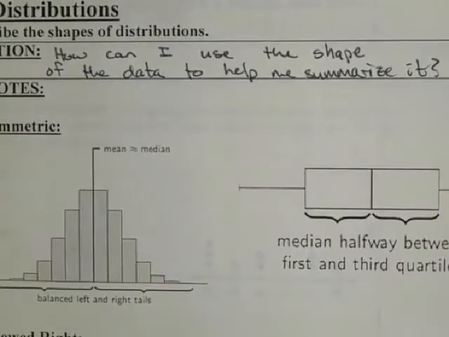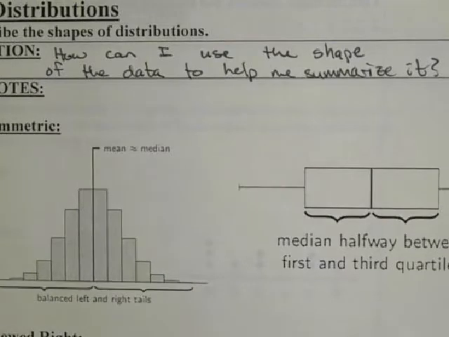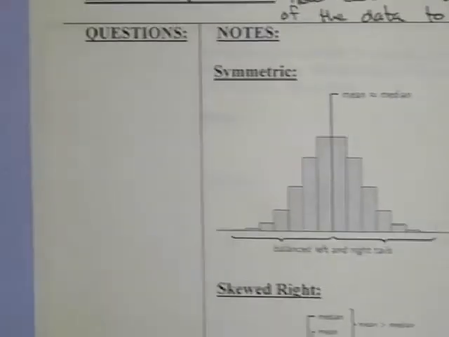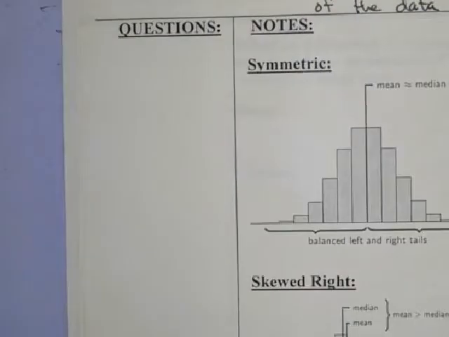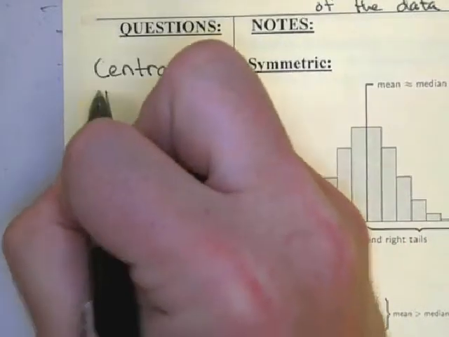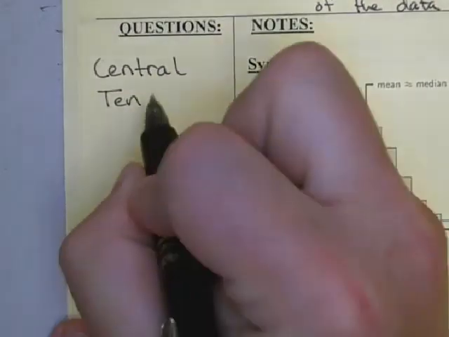Before we dive into this, we're going to need to go back and single out some of our best summary statistics. So over here in the left-hand column under questions, let's write some of the things we've gone over already. We have our central tendency statistics.